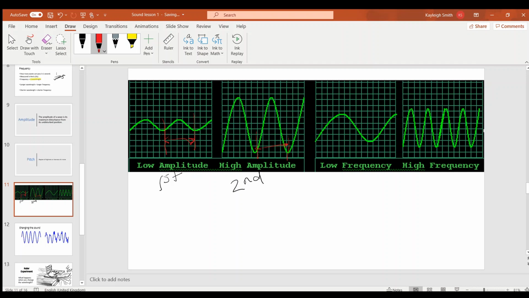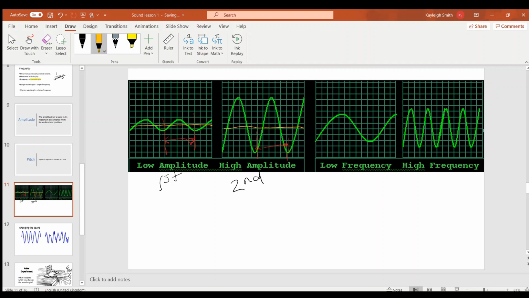So the wavelength hasn't changed, so we haven't changed the actual pitch. It hasn't got any higher or any lower. What has changed in this instance is the height of the wave. So if we look at that baseline that goes through the middle, which is probably about here on this diagram, let's try and get that a little bit more in the middle.